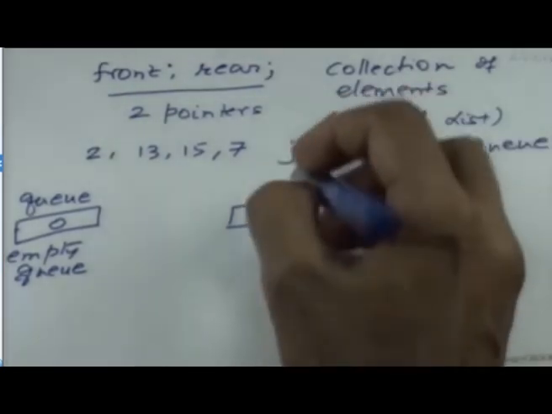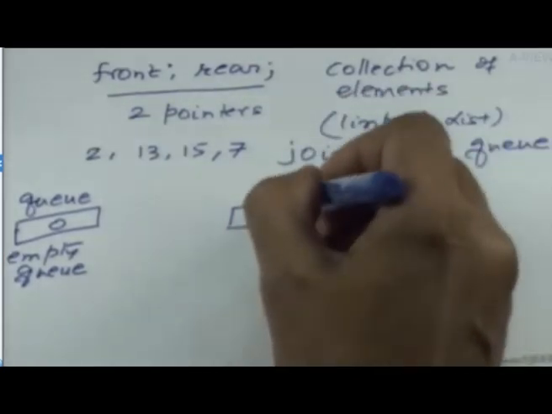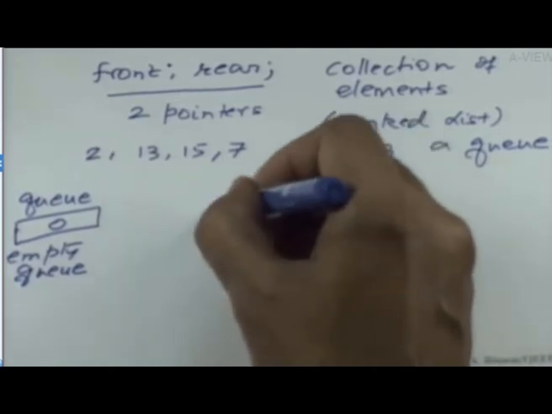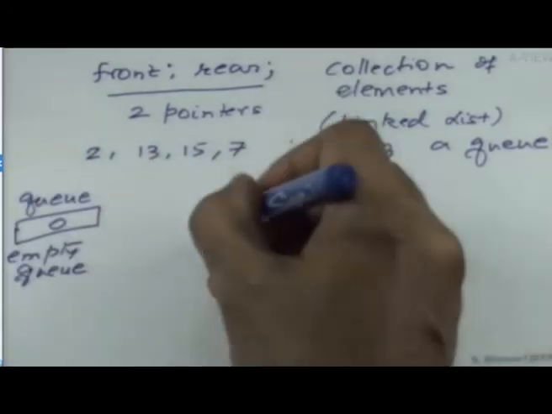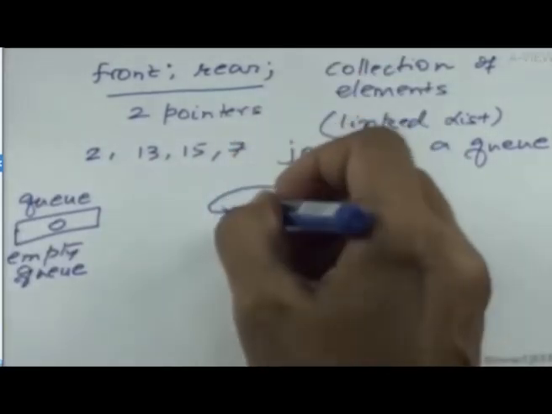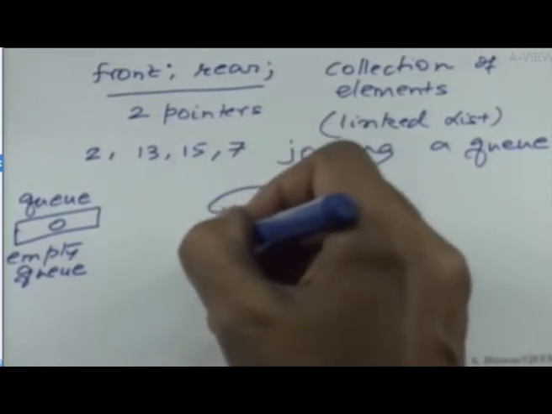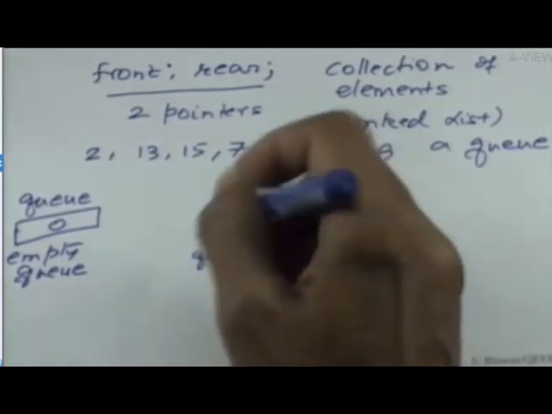Now 2 may have more elements. I must keep a space for it. I'm going to use a circular list. 2 points to itself. And what does Q point to? So how do I reach this?